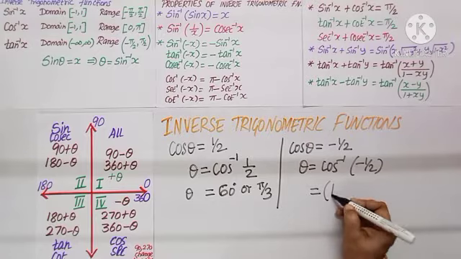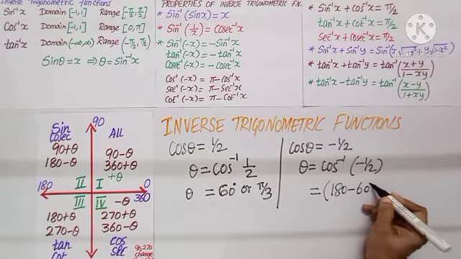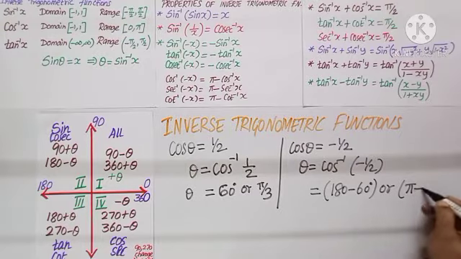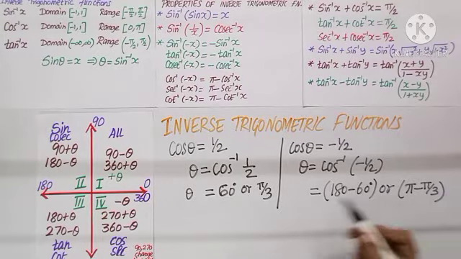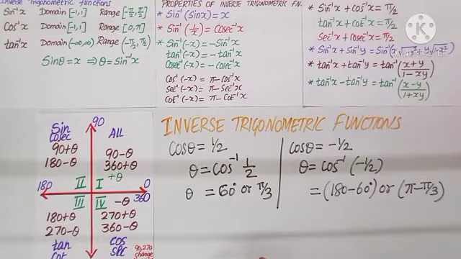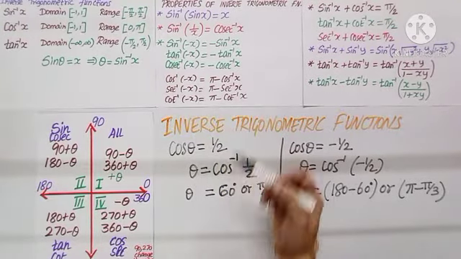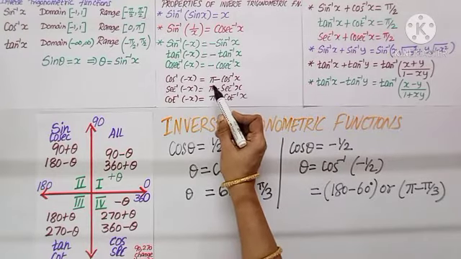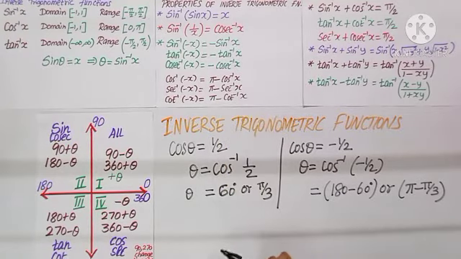So my answer is 180 minus 60, or what is 180 in radians? Pi. Pi minus pi by 3. So this we state as a formula. If cos inverse is positive, just refer to the table and write the value. But if cos inverse is negative, use the formula pi minus cos inverse x.